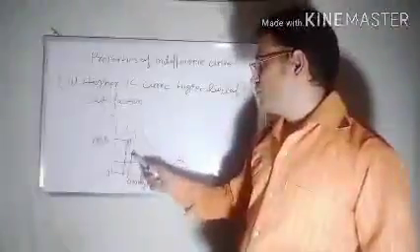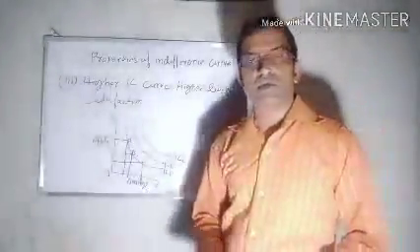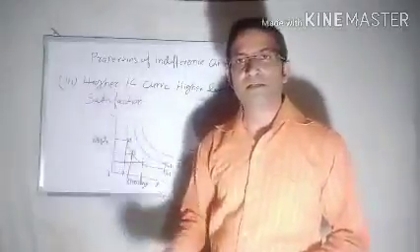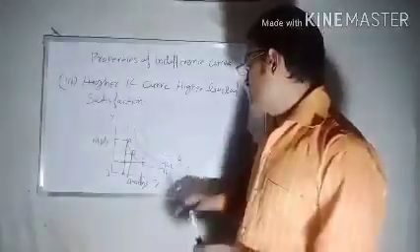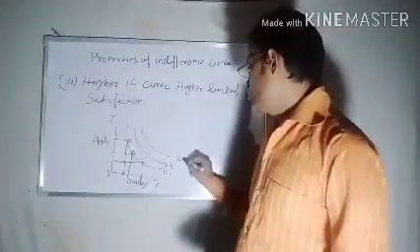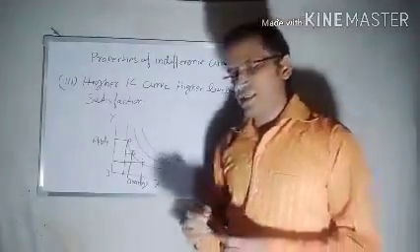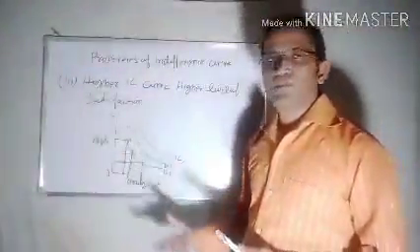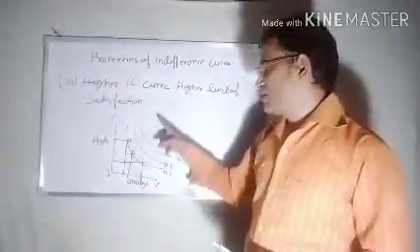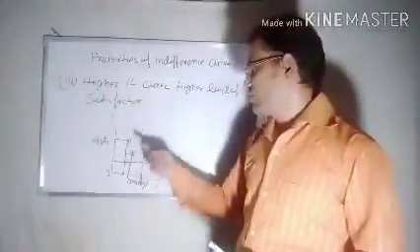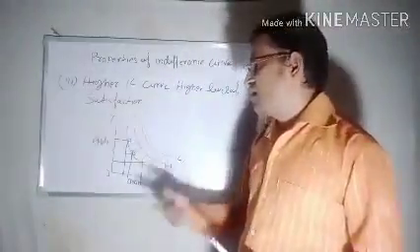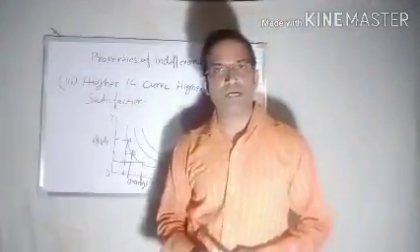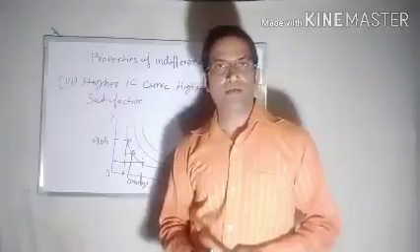But as he moves to IC curve 2, his level of satisfaction increases, and IC3 gives more satisfaction than IC2. So this we call an indifference map: different IC curves 1, 2, 3, and as we move to a higher level of IC curve, it gives a higher level of satisfaction.